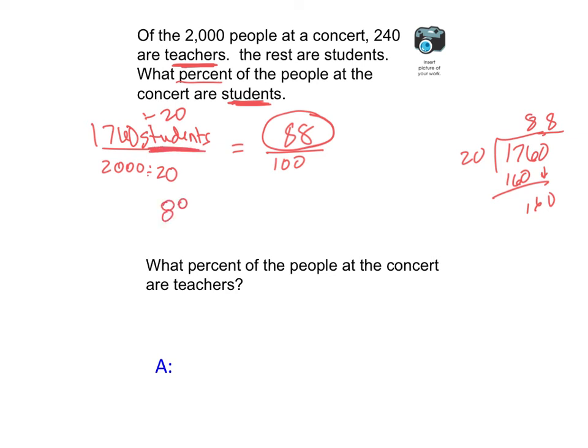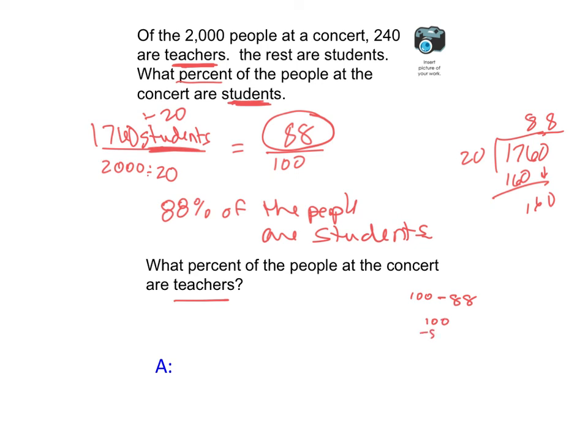So 88% of the people are students. So then what percent are teachers? So if you're not a student, you're a teacher. Total people is 100% minus the percent that are students will give you the percent that are teachers.